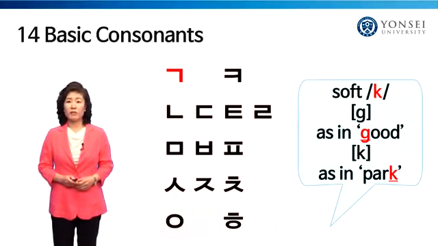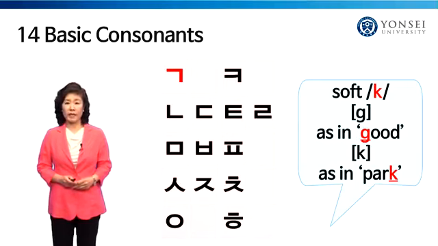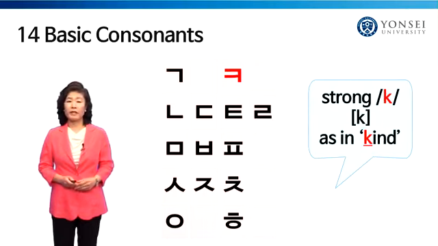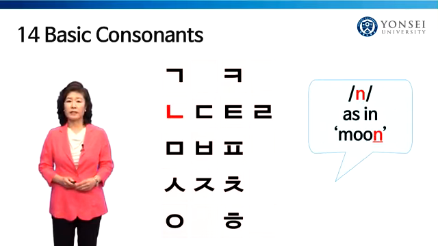기역 is not a strong K sound or a voiced G sound, but pronounced in a soft K sound in an initial letter. Kiuk is a strong K sound. Niun is similar to the English N sound.